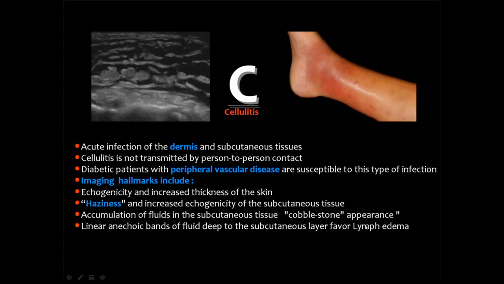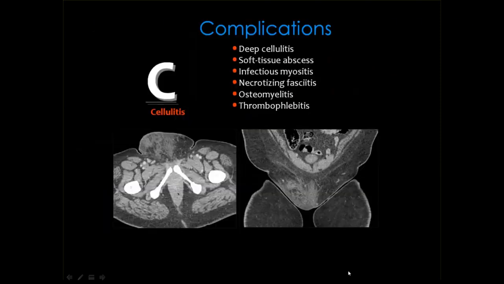On ultrasound you may see increased echogenicity of the skin and haziness of the subcutaneous tissues with edema, which will give the cobblestone appearance, and you may also see hypoechoic or anechoic bands of fluid in the subcutaneous tissues, as you can see here.